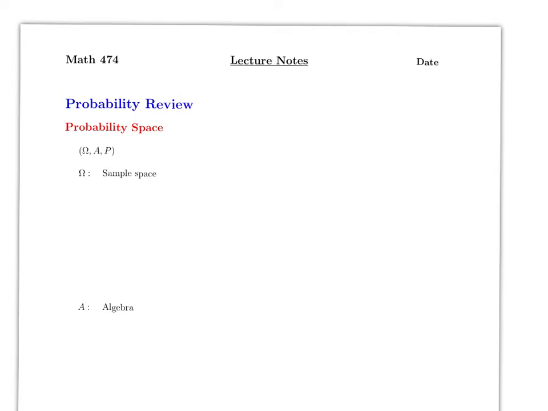So we're going to have a probability space. The probability space will consist of three parts: the sample space, an algebra, which may be a new concept, and a probability. In this case, P stands for the market probability, which we talk about, and that doesn't give you the fair price, but it's still the market probability.